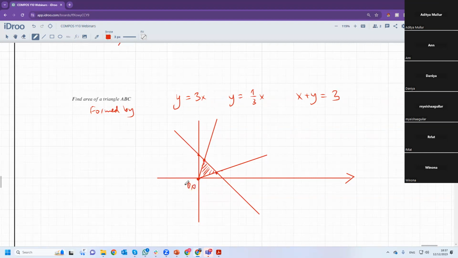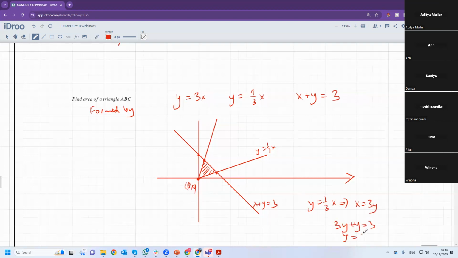So this is 0, 0. This point is where y equals 1/3 x meets x plus y equals 3. So y equals 1/3 x, in other words, x equals 3y. Then 3y plus y equals 3.